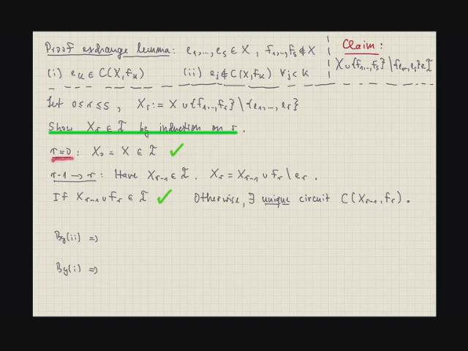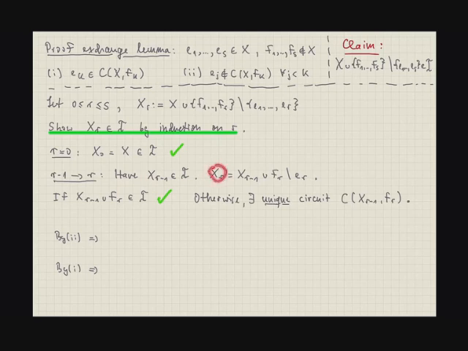And the inductive start would be, well, what is the first set? X0 is just X itself, which was independent by assumption, so that's fine. And as hypothesis for the inductive step, I assume that set Xr-1, with index r minus 1, is an independent set. And I would like to show that set Xr will then also be an independent set.